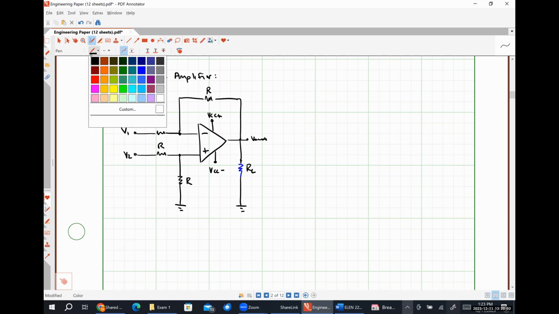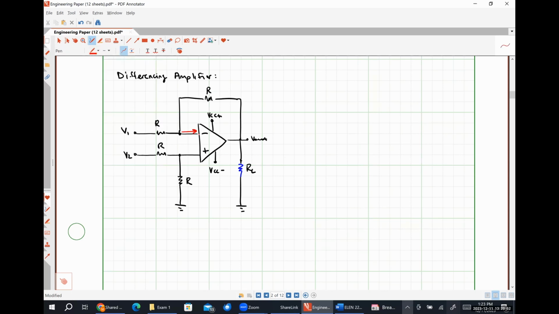So we know this current is 0 amps. This current is 0 amps. This voltage, V plus, isn't super obvious, but hopefully it's fairly straightforward to figure out. Anybody have any thoughts on what it might be?